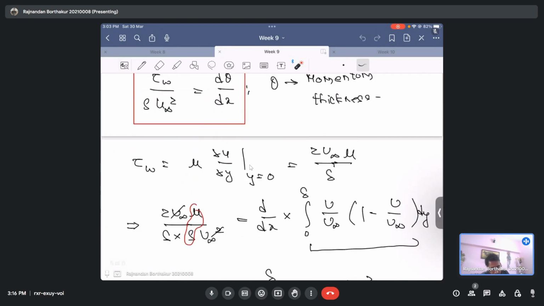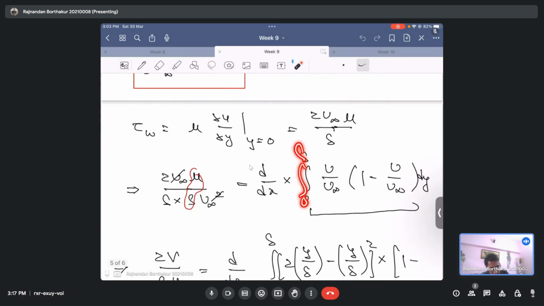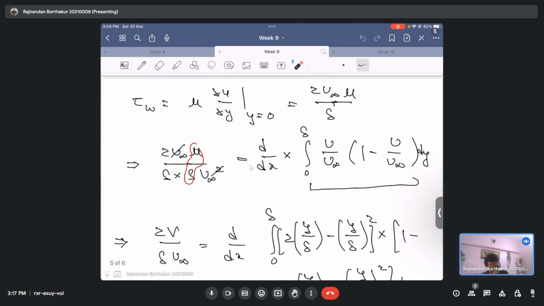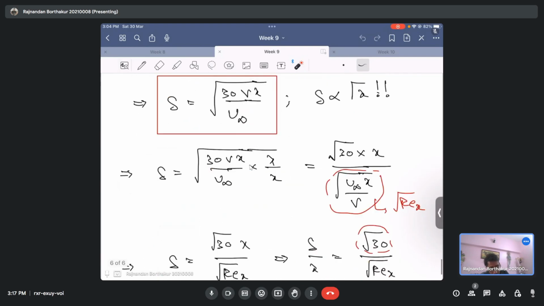For that, we used the definition of momentum thickness, which is the integral from 0 to delta of u by u infinity times 1 minus u by u infinity. Once we know u by u infinity from the second order profile that we already evaluated, we evaluated how delta varies along x.